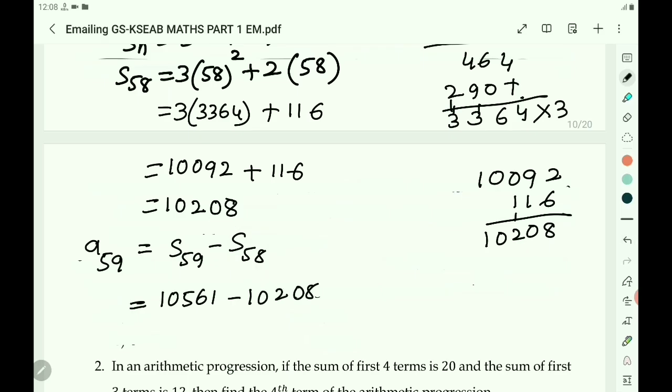So subtract 10,208 from 10,561. 11 minus 8, 3. 5 is remaining 5. 5 minus 2, 3. And 10 minus 10, 0 you will get. Then a59 is equal to 353.